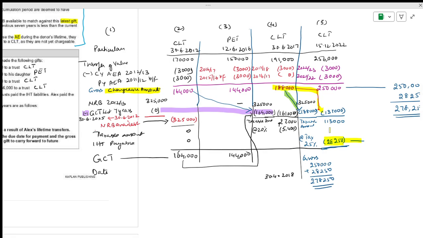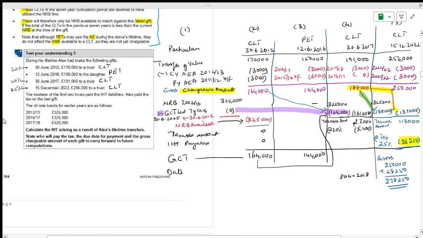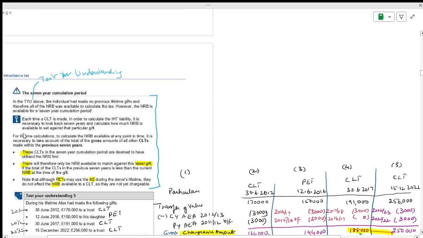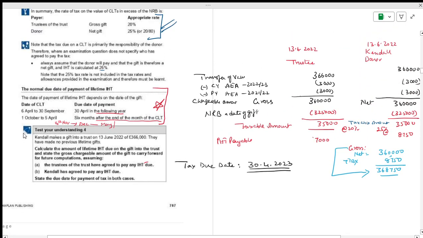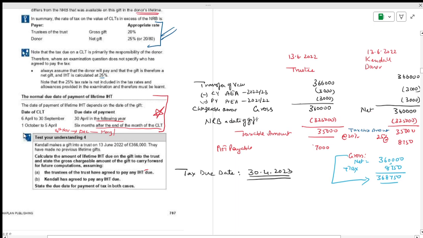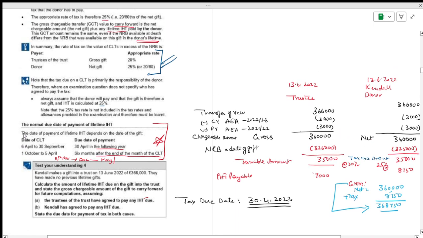Now, see, they have mentioned here donor, gross, net gift.